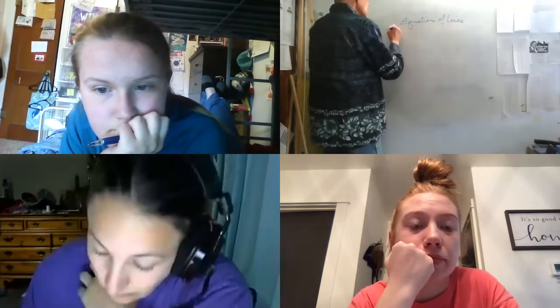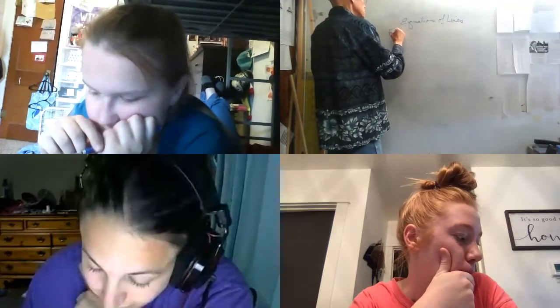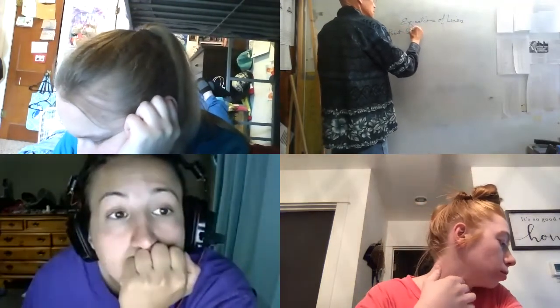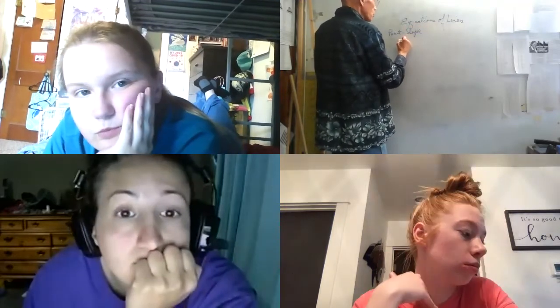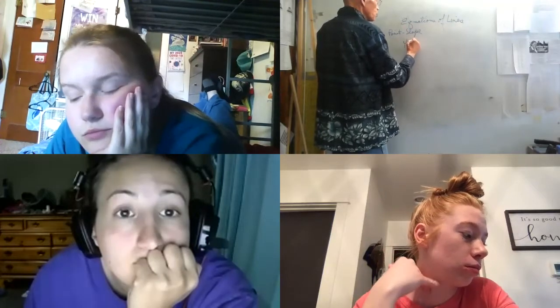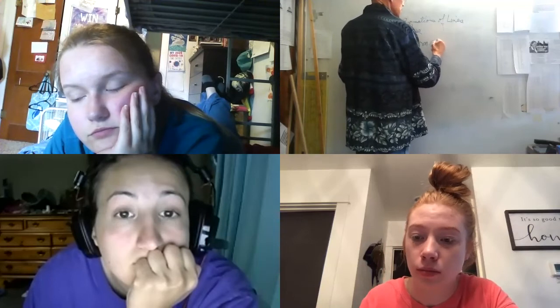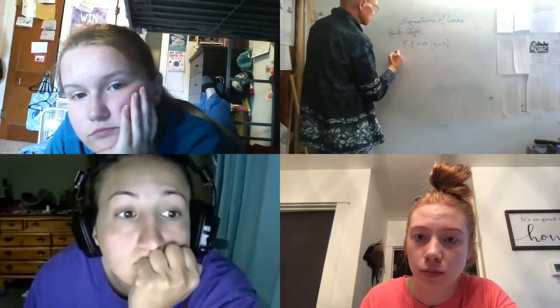See? And so there's the point slope. Given a point and a slope, you can write an equation for a line that's y minus y sub 1 equals the slope m times x minus x sub 1. By the way, m is the slope.